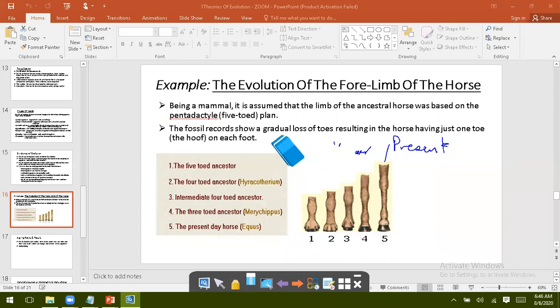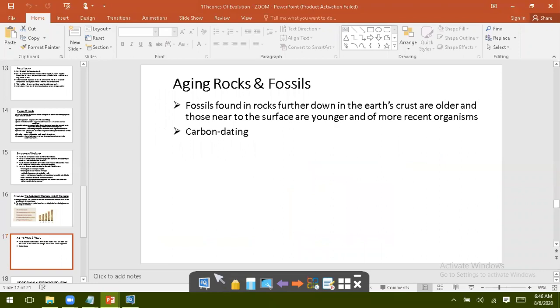All right, good. How can you find the age of the rocks and also the fossils? I've already said that the order in which the layers of the earth, the rocks come, will tell us how old the rocks are. And also from carbon dating.